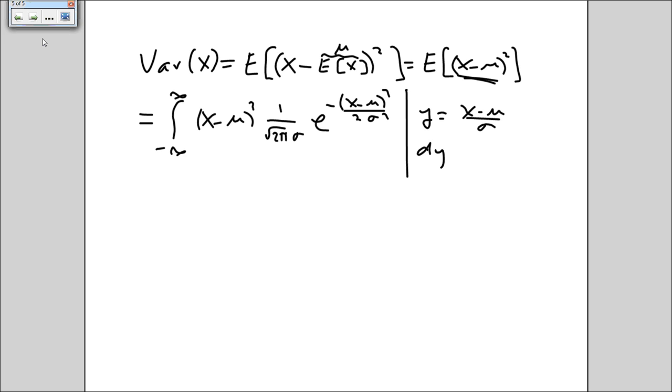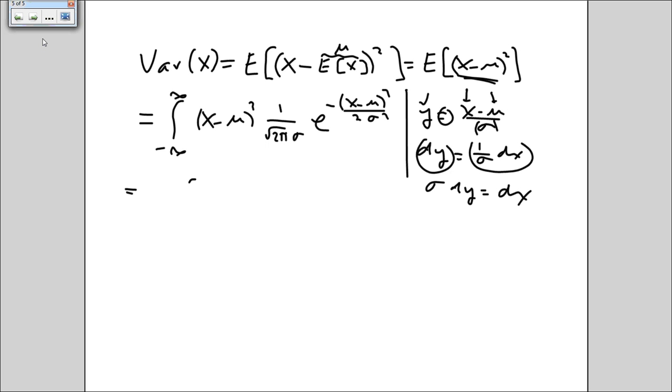So then dy will be 1 over sigma dx, or multiplying both sides by sigma, we get sigma dy equal to dx. And once again, if x is infinity, infinity minus mu is infinity, divided by sigma, what you get will still be infinity. Same thing for negative. That is, the limits are not changing.